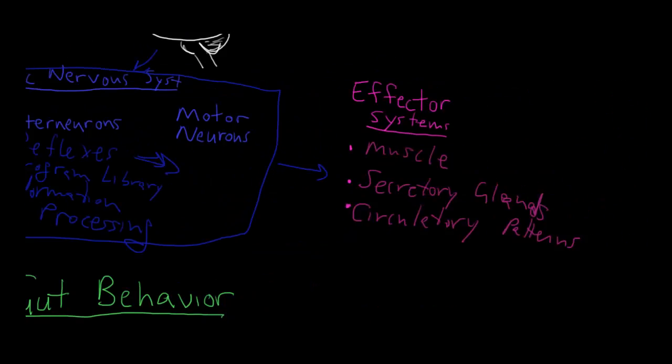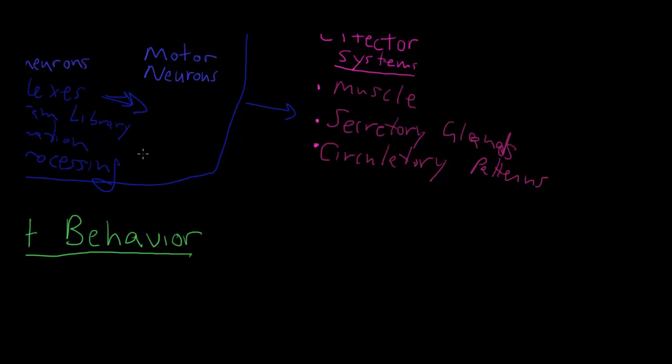So then we see that the effector systems are affected by the enteric nervous system, and it goes towards the gut behavior.